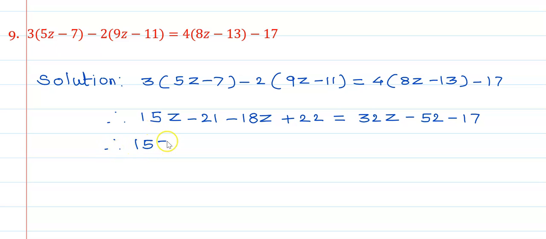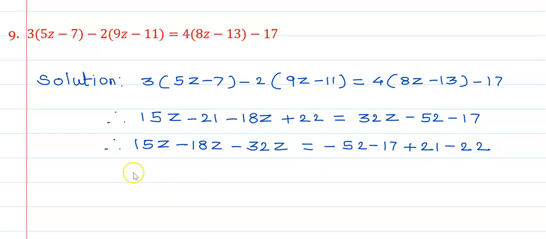First is 15z minus 18z. Transpose this minus 32z to the right hand side, it will become minus 32z. Now the next, minus 52 minus 17. Next, transpose this minus 21 and plus 22 to the right hand side. Minus 21 will become plus 21 and plus 22 will become minus 22.